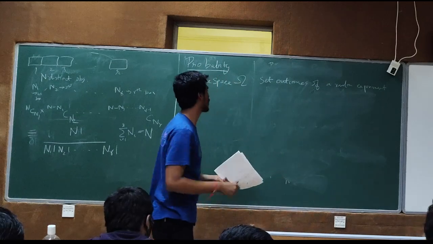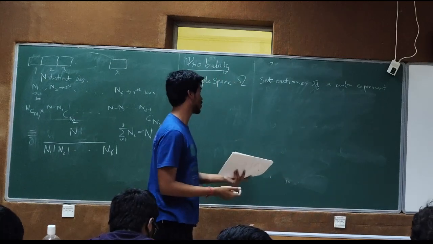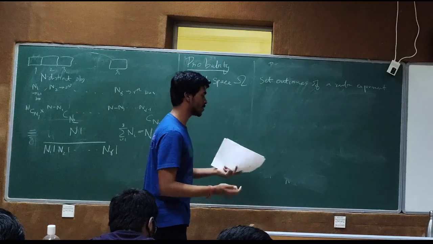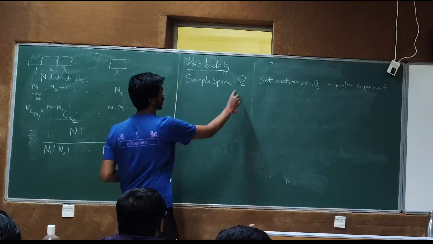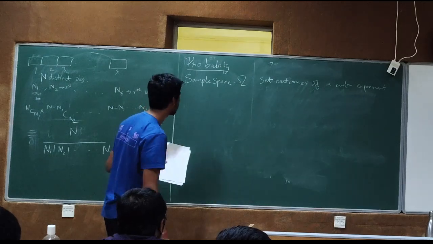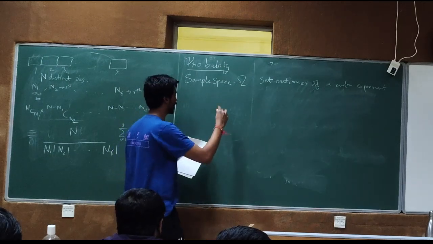You do some random experiment and you see your outcome to be something, and you will have many possible outcomes. The set of all these outcomes is denoted by the omega set.